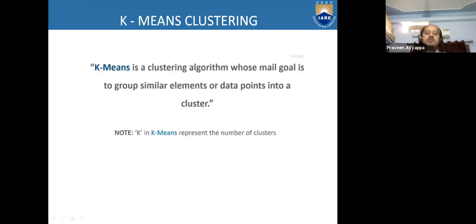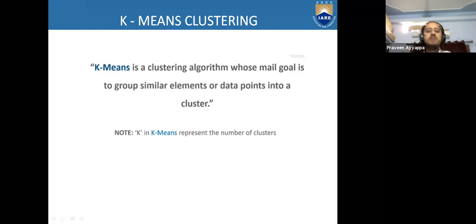So let us see k-means clustering in detail. K-means clustering falls under the partitioning algorithms. K-means is a clustering algorithm whose main goal is to group similar elements or data points into a cluster. Note that K in K-means represents the number of clusters. So, dear students, all of you remember what K in K-means clustering means.